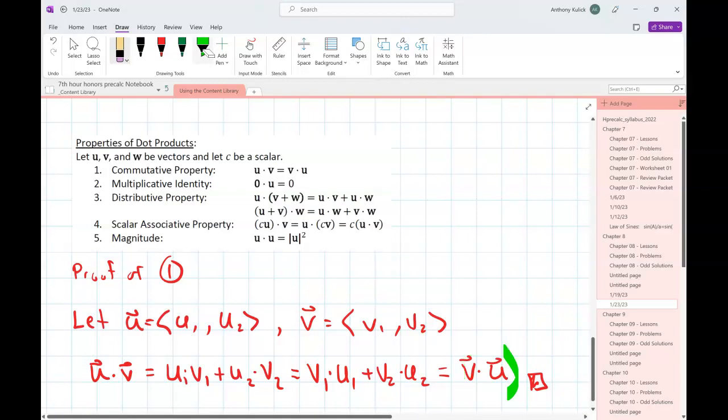This kind of pattern where we start with a dot product, use our definition to convert it into the sum and product of real numbers, use our properties of real numbers to shuffle things around, and then use our definition of dot product to put it back into a dot product should be a familiar pattern for these.